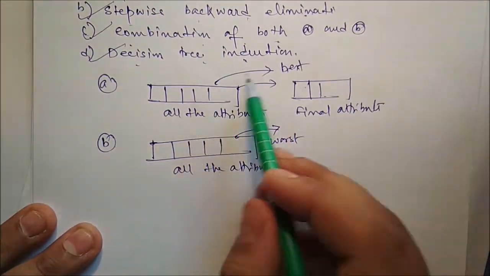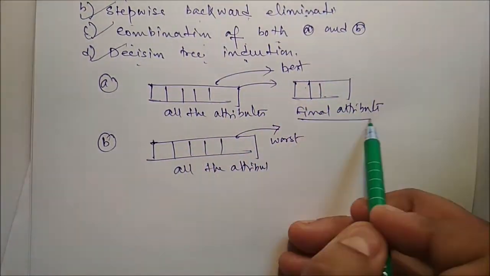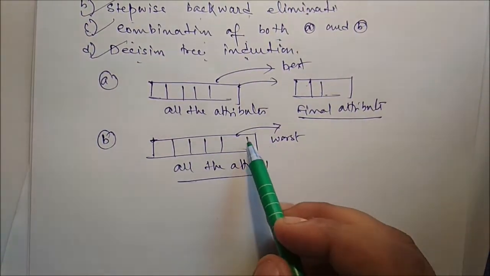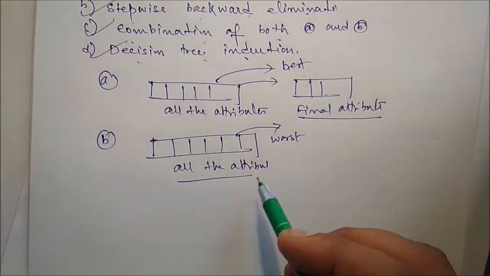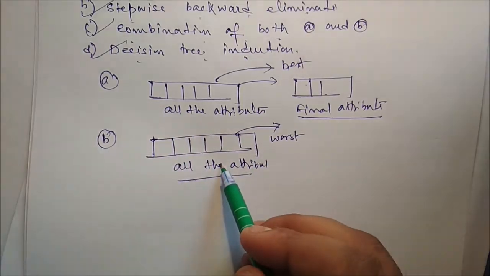Here we select the best attribute and create the final set, but in backward elimination you discard the worst attributes and then form the final set.